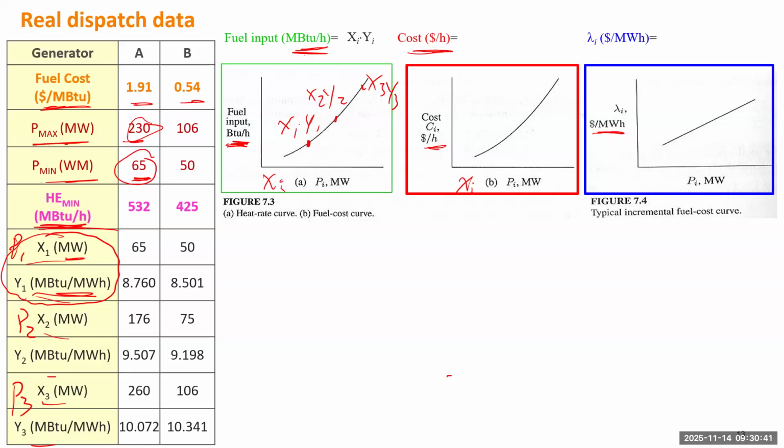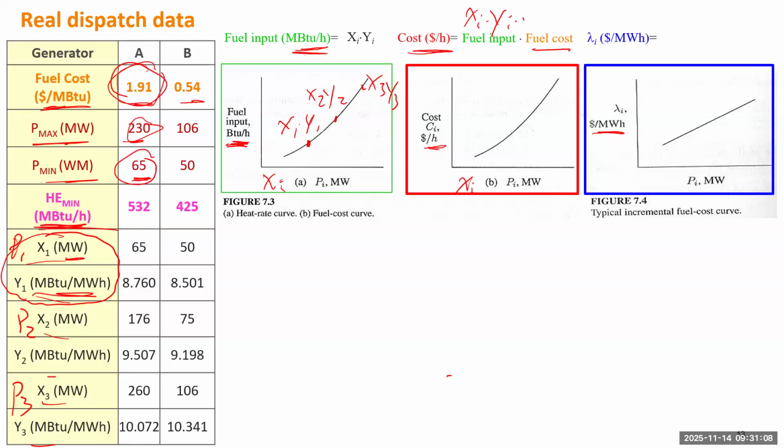So basically, we just multiply each point on the first curve by the price. So you will get a second curve. So this one is simply S_i times Y_i times this fuel cost. That's the second curve.